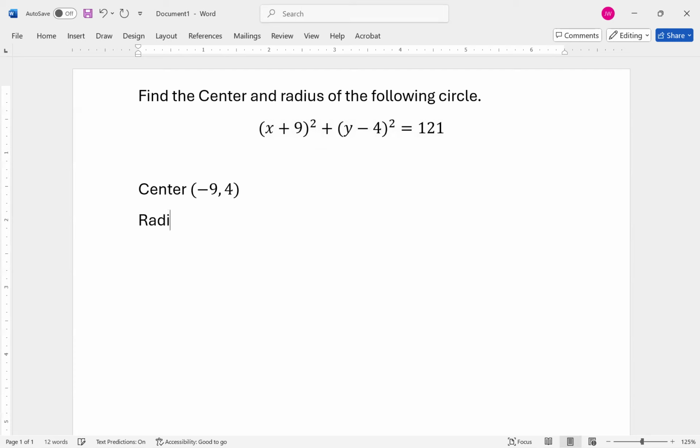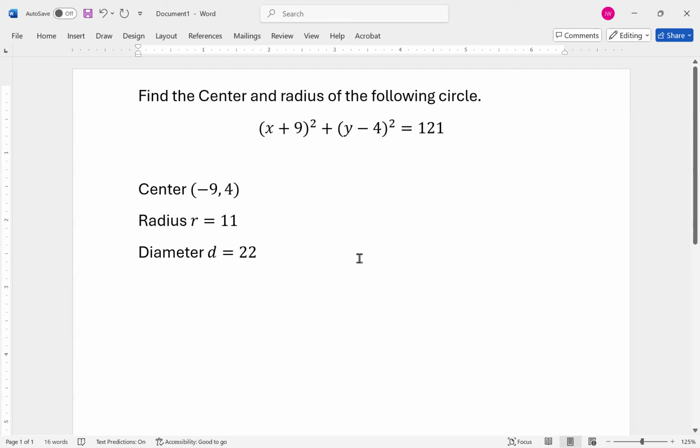The radius, we always say that the radius is positive. So we use the positive value of 11 here because 11 squared is 121. By the way, that means the diameter of the circle, often written as d, would be 22, twice the radius.